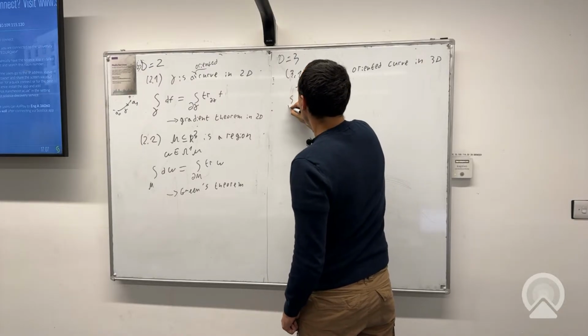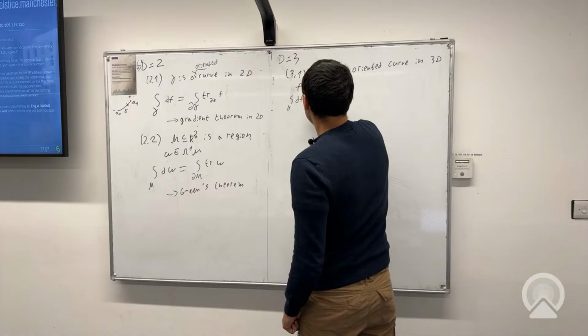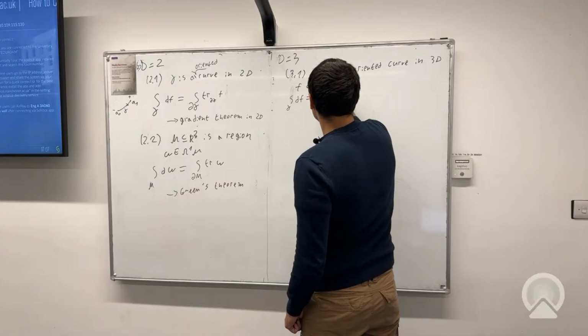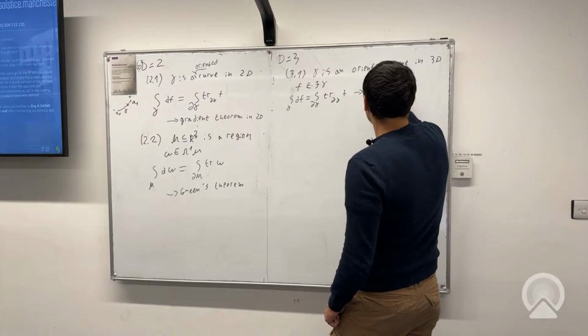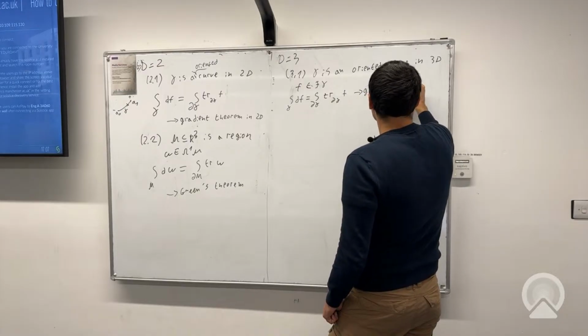Then the integral over gamma of df is the integral over the boundary of gamma of the trace of f. This is the gradient theorem in 3D.